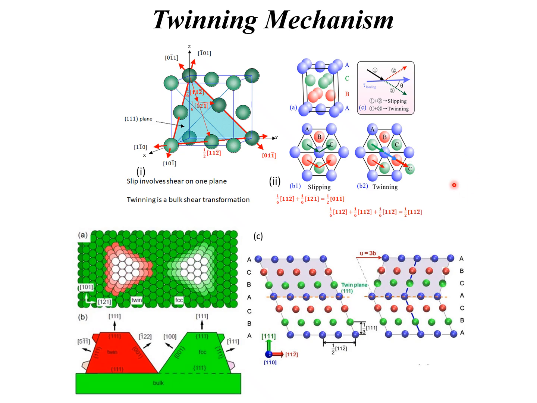The main characteristic of twinning is that it's a bulk shear, and that arises from the passage of partial dislocations on each successive slip plane. And that gives you a change in orientation of the twinned crystal relative to the parent material.